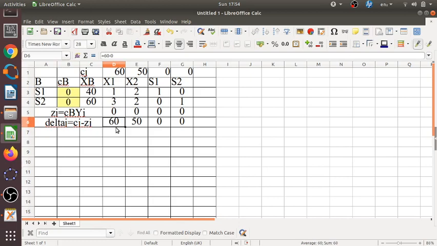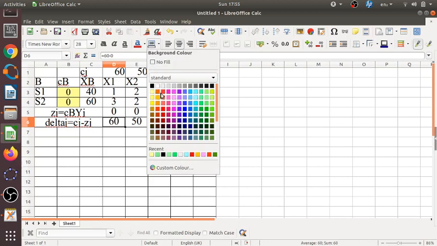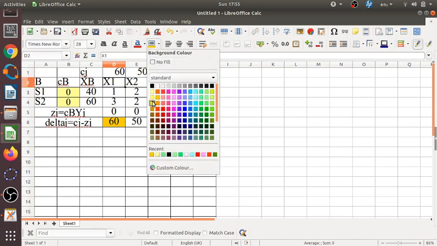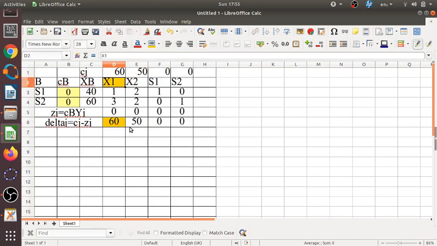So what do we have to do? The next step is to select the maximum positive value of delta j. Here the maximum positive value is 60, which corresponds to the vector x1. So x1 is our incoming vector and will enter the basis now.